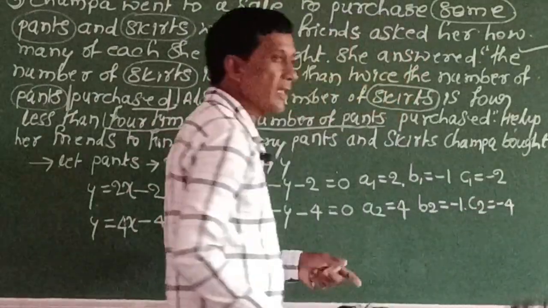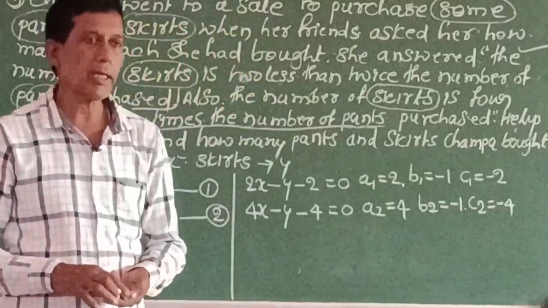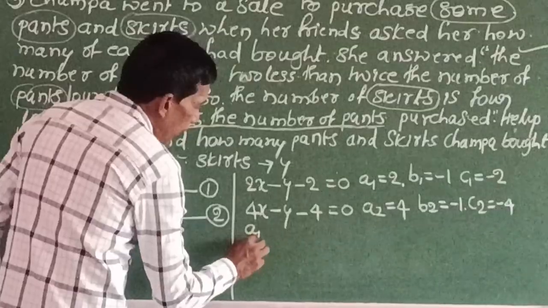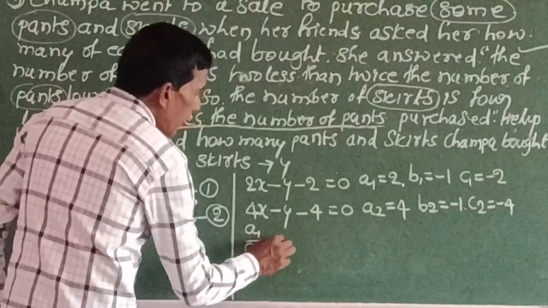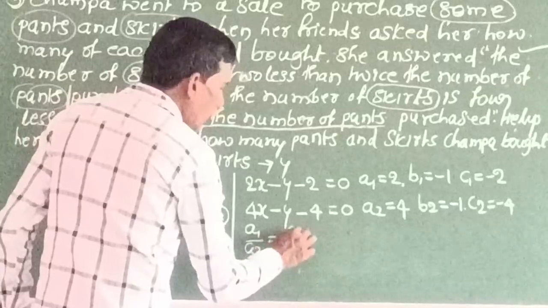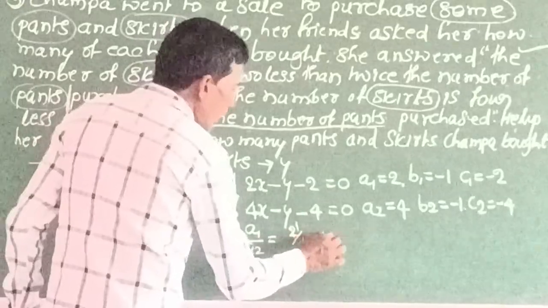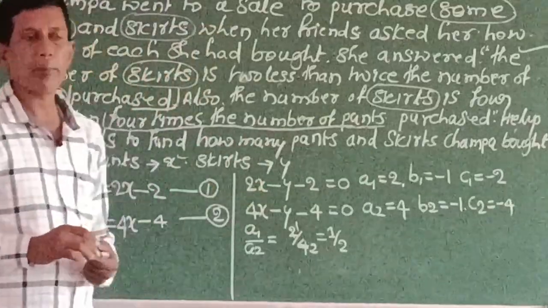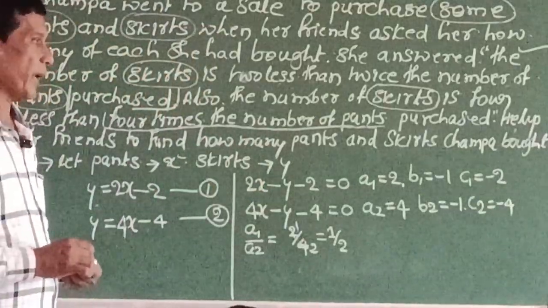Okay, check the value of a1 and a2. So a1 upon a2 is 2 by 4, which equals 1 by 2. The answer is 1 by 2.